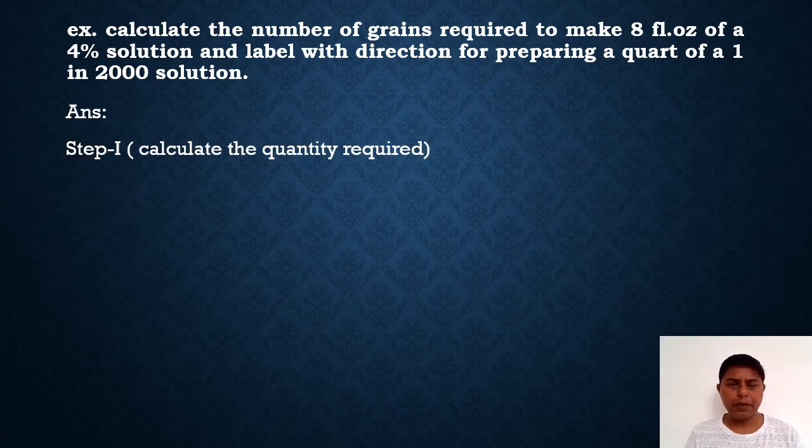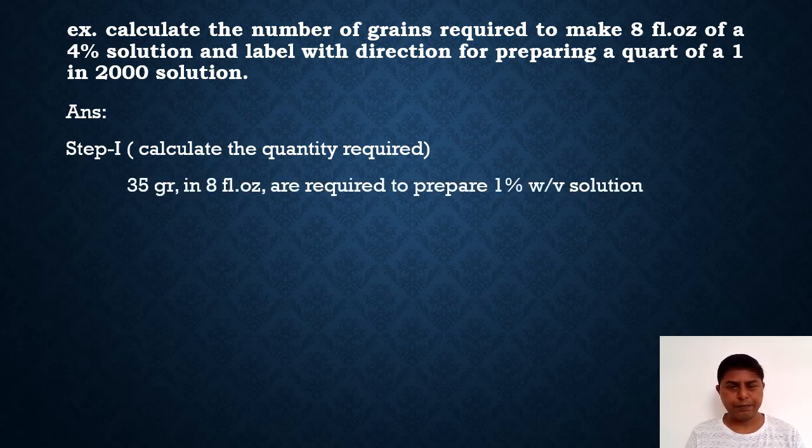Step 1: calculate the quantity of solid required. We know that 35 grain in 8 fluid ounce is required to prepare 1% W by V solution, which we saw earlier in the videos, given in the imperial system.